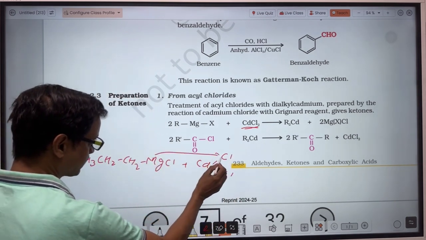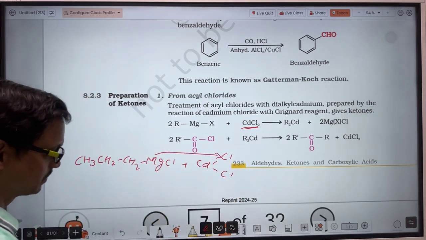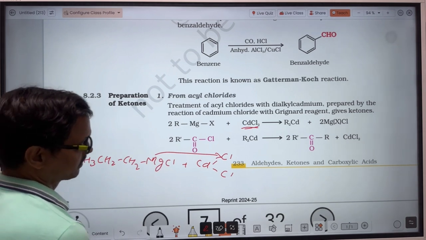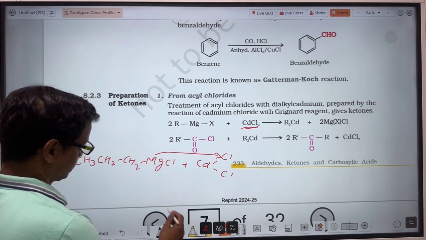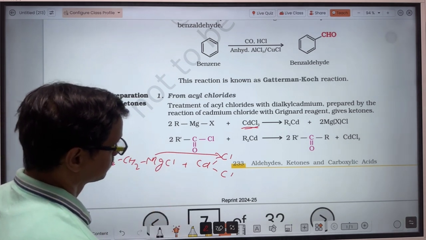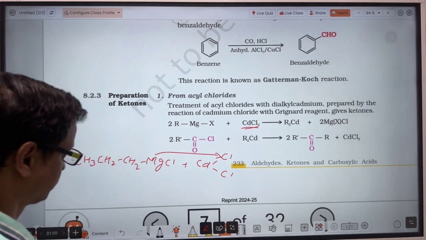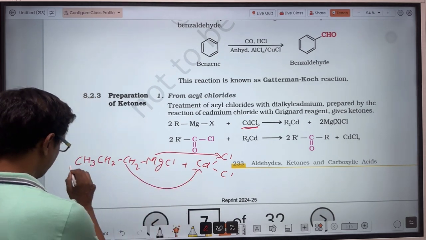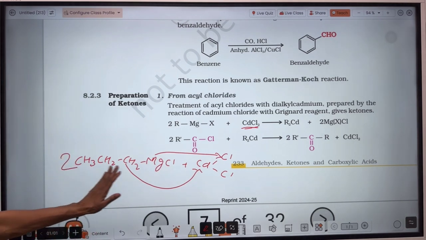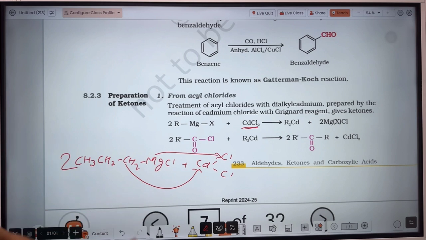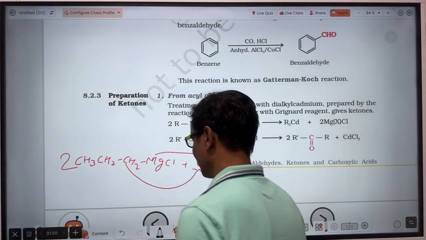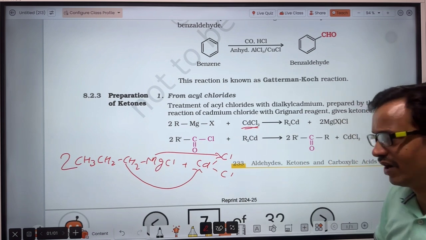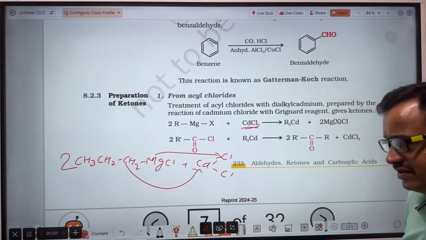Magnesium will combine with this chlorine to form MgCl2, and this alkyl part of the Grignard reagent will combine with the cadmium. So 2 moles of propyl magnesium chloride, that is a Grignard reagent, will be treated with 1 mole of cadmium dichloride.